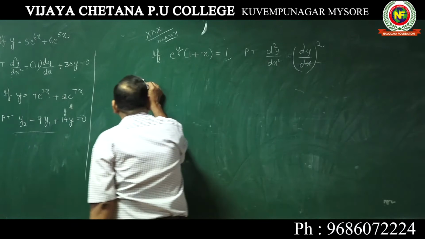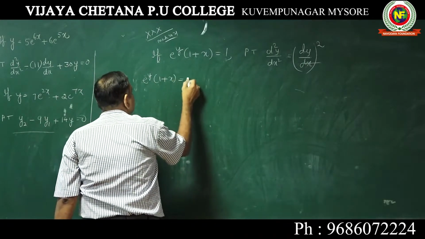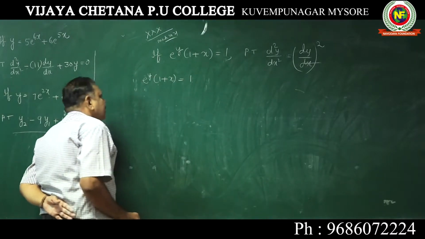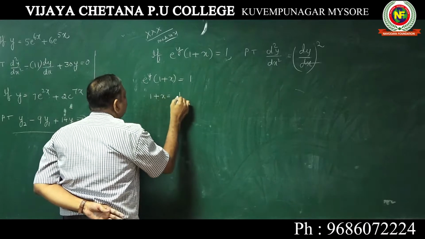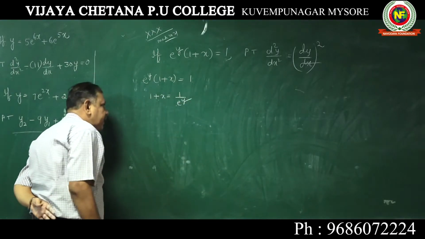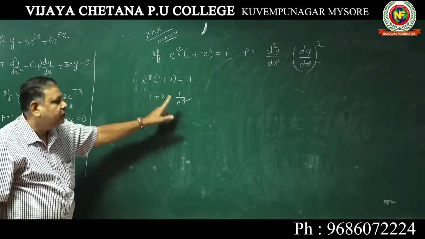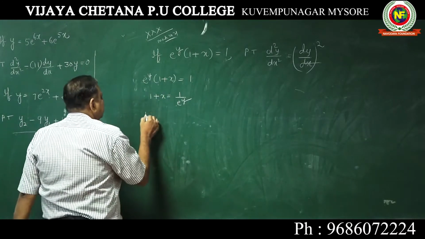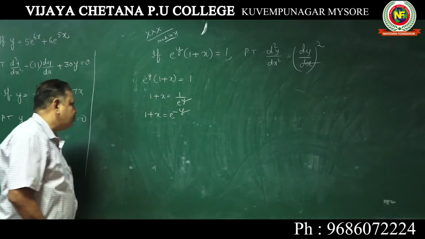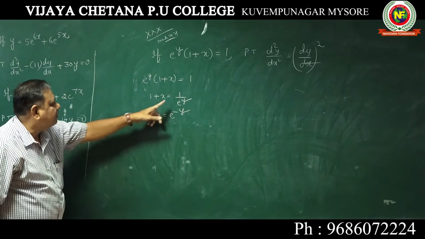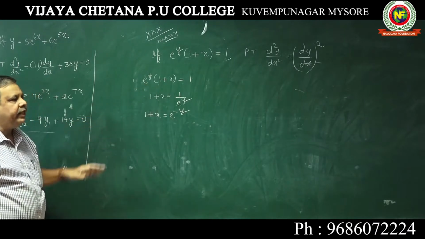Now here, one trick you should do. Given e to the power of y into 1 plus x equals 1, correct? You cannot differentiate directly, you won't get the answer.